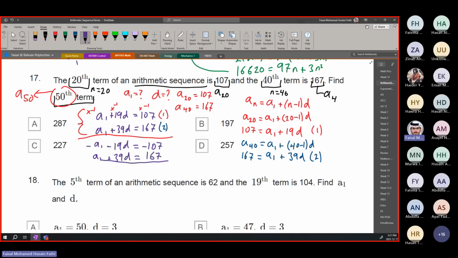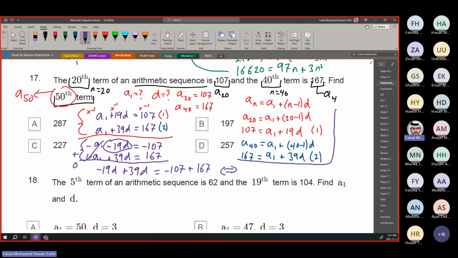Solving this, we add the simultaneous equations. These A1 terms will become 0. You should know this by now. We have minus 19D plus 39D is equal to minus 107 plus 167. Plug this into the calculator and simplify the left and right side values. Running out of space.